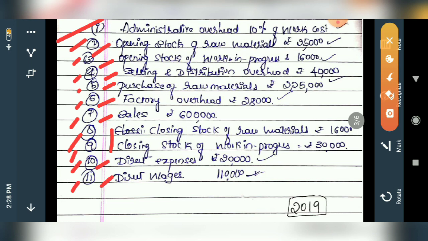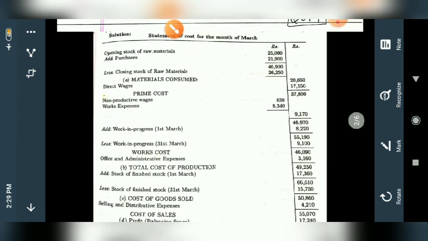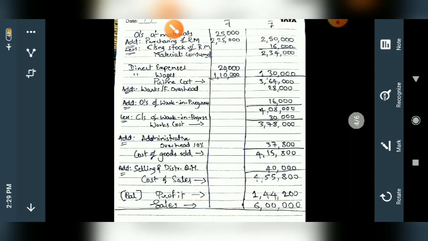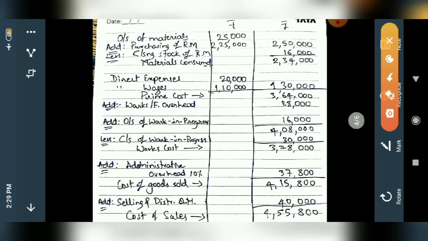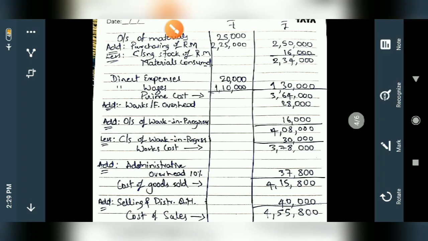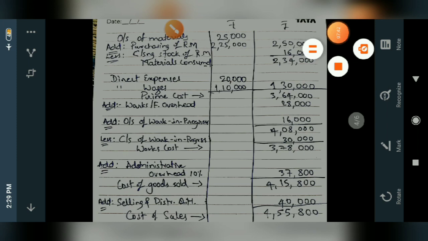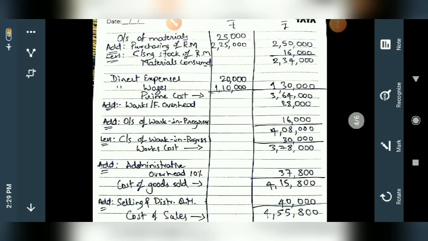Okay, yes, see here the solution is done already. You just have to note it. First, opening stock of raw material is to be taken. Okay, opening stock of raw material is taken here.